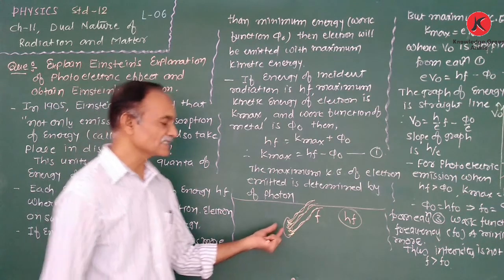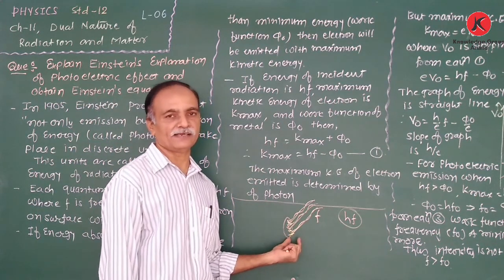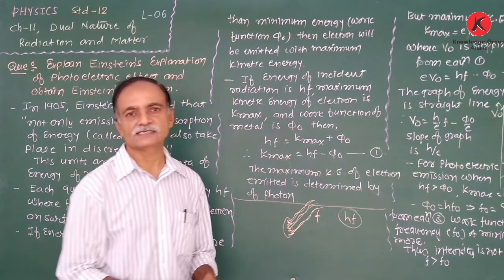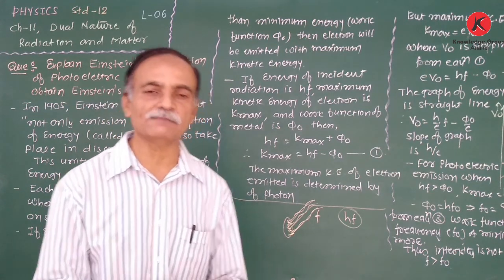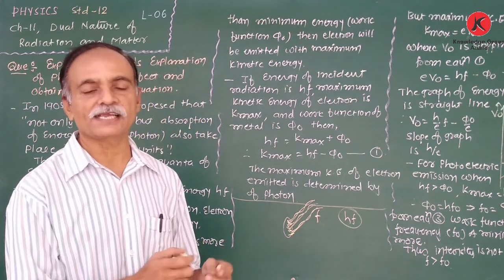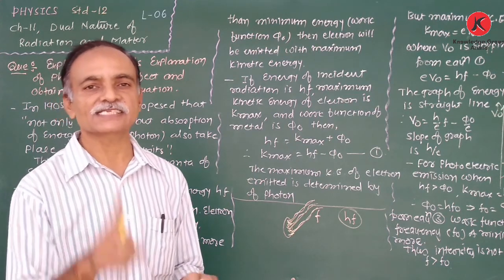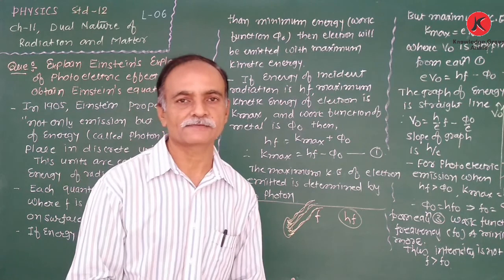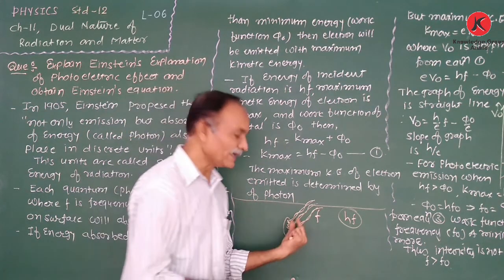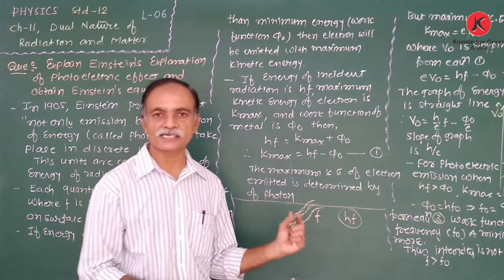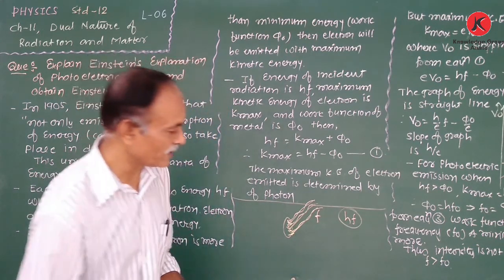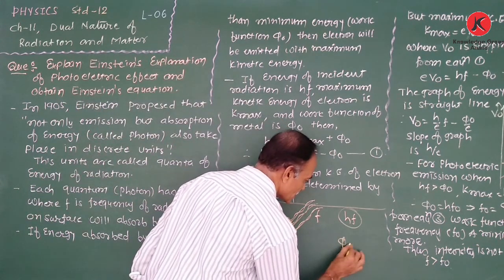When this energy is more than the minimum energy required for the electron to escape from the surface, which is known as the work function. In the beginning of this chapter, we defined it. The minimum energy required for an electron to escape from the surface of a metal is known as the work function, and this work function is phi 0.